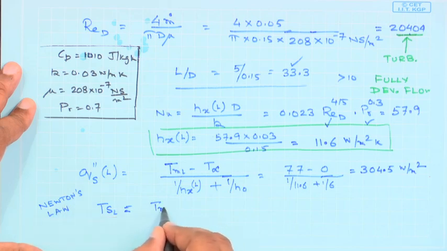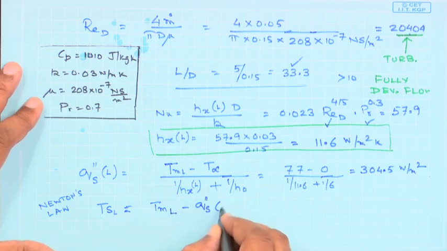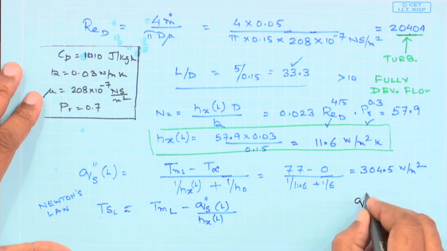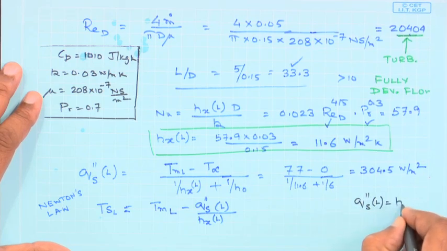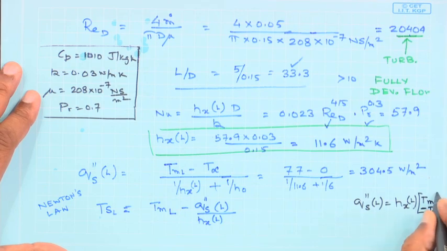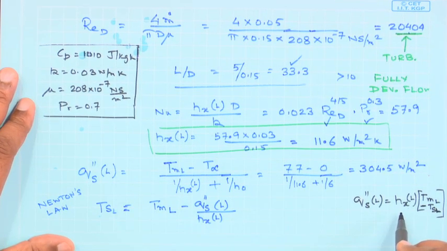So, it would be the mean temperature of the fluid at location L minus q_s double prime, the heat flux at location L, by h_x at location L. The relation that I have used is q double prime s at location L equals h at location L times T_m,L minus T_s,L. That is nothing but Newton's law of convective heat transfer, when I consider convective heat transfer from the bulk fluid to the inner surface of the tube, and this is the internal convective heat transfer resistance.